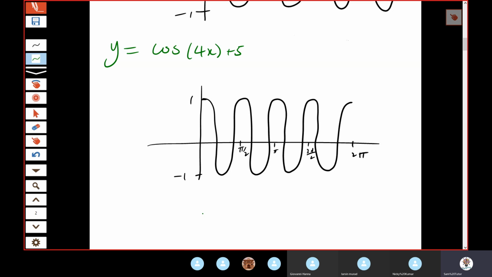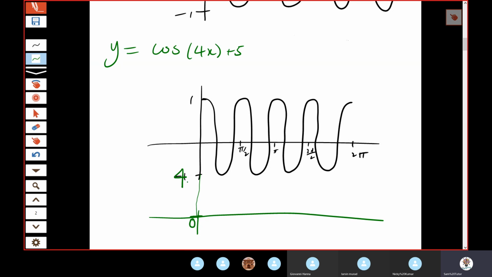Does that logic make sense to you guys? Yeah. So that's the way you're going to see me do it, especially more in Year 12. So that's going to be a minus 5. That's your new 0.